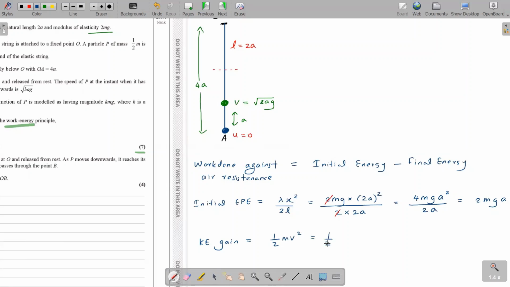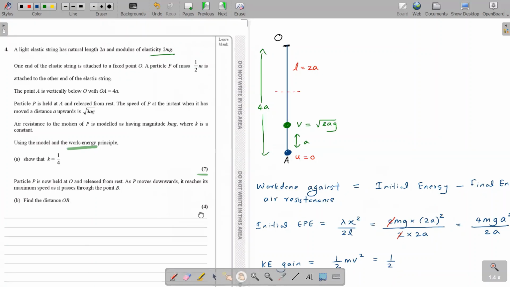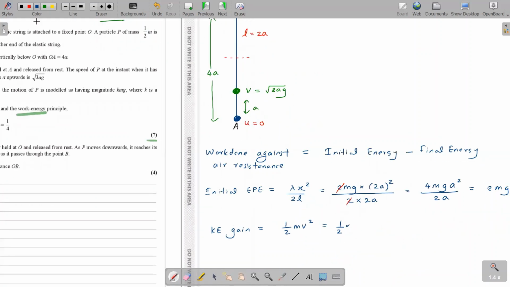The mass of the particle P is not m, it is half m. I hope you are clear with that. The velocity is √3 ag, so when you square it, it's 3ag. When you simplify, I get 3 over 4 mga.